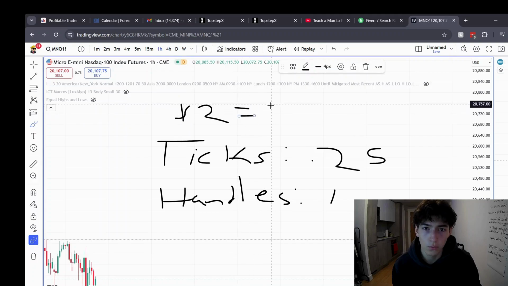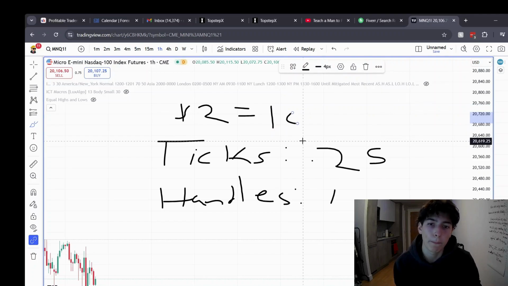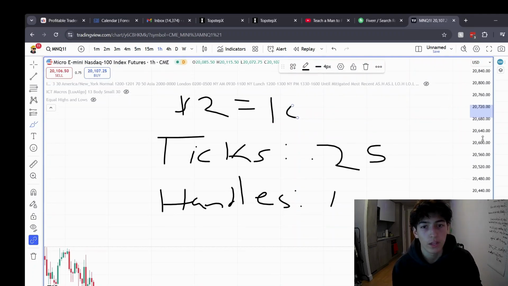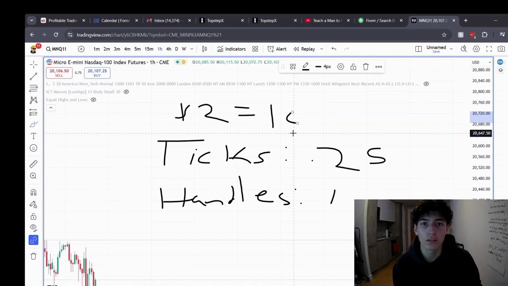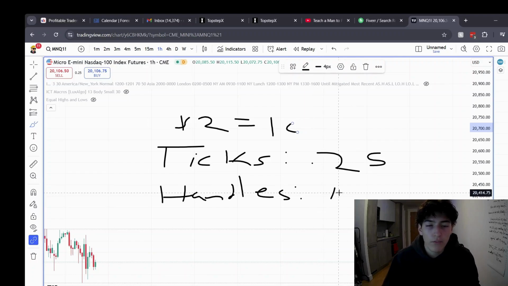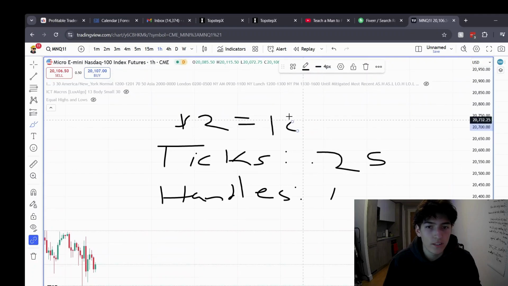I'll use C for contract. So if you have one contract in MNQ, worth $2, for every point or handle it goes up, you make or lose your contract price multiplied by the point.